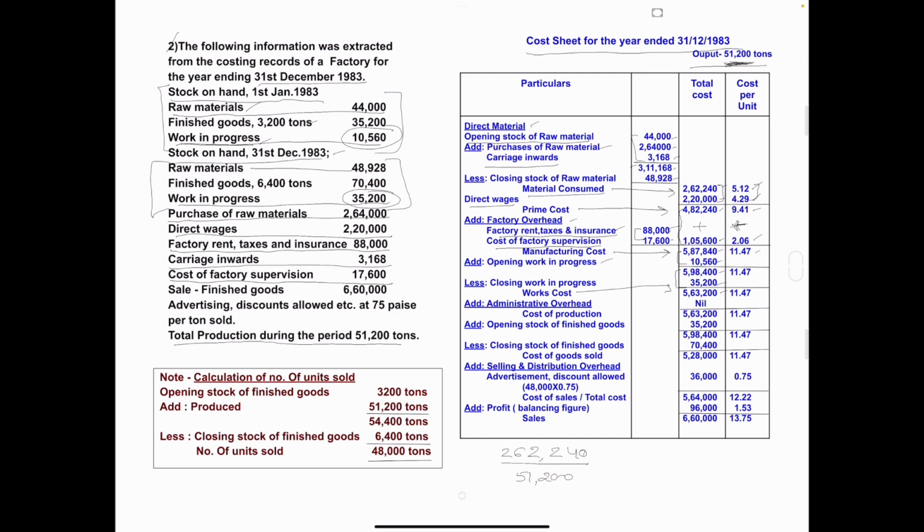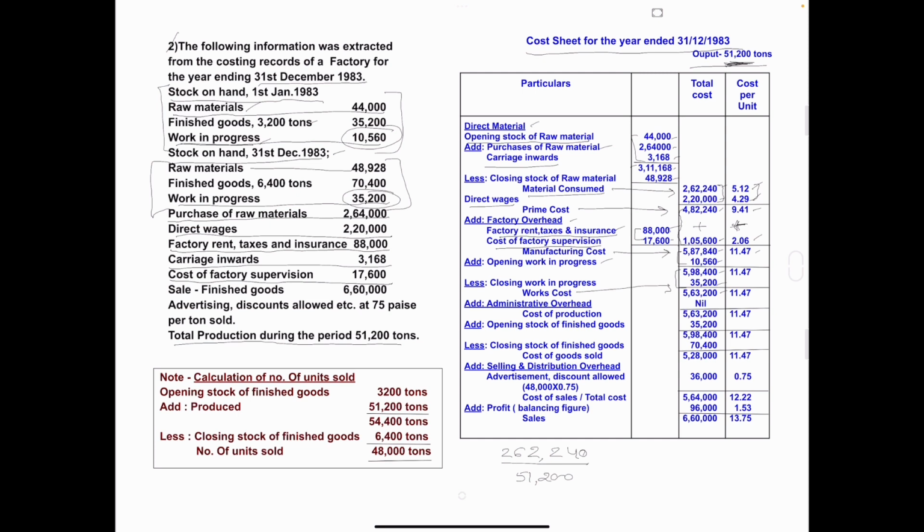After that we have to add administrative overhead or office overhead. In this problem they have not given any expenses or overhead related to office. For example, here raw material, finished goods, then purchase, direct wages, carriage inward are there, but no overhead related to office.